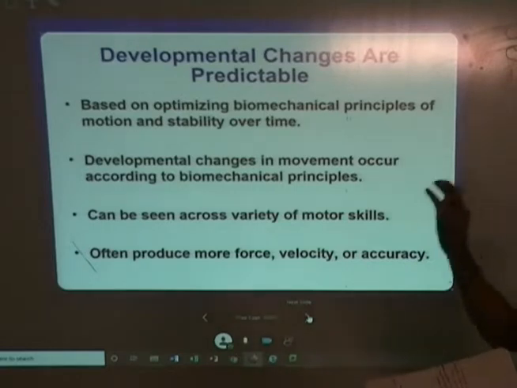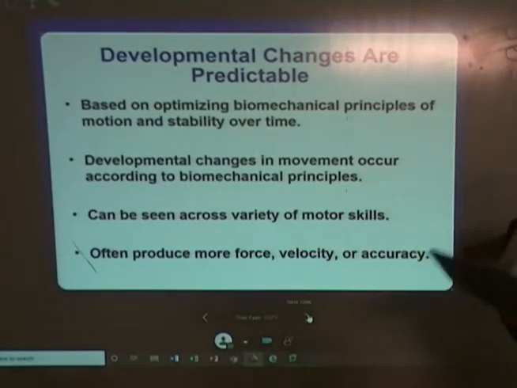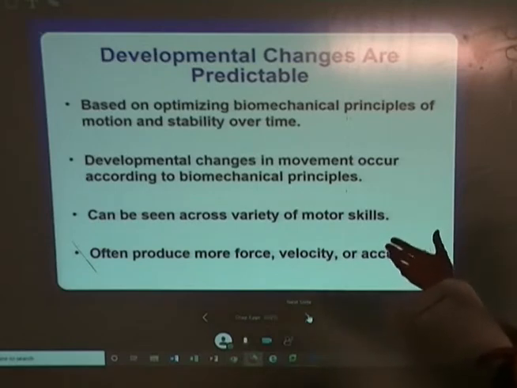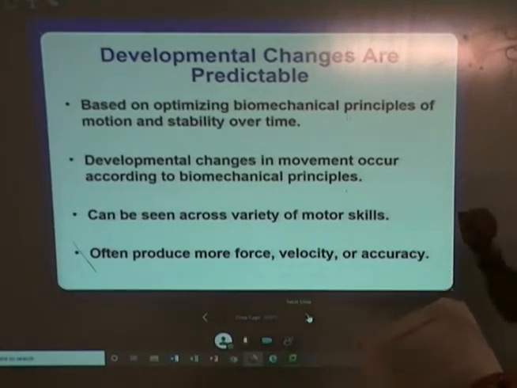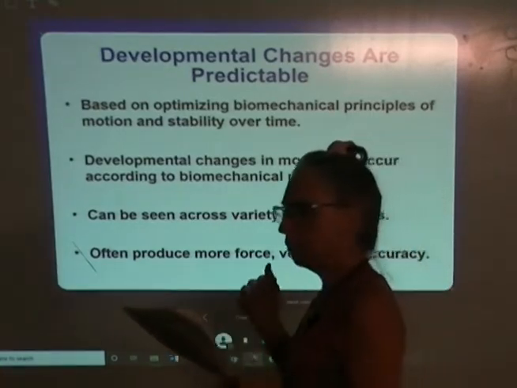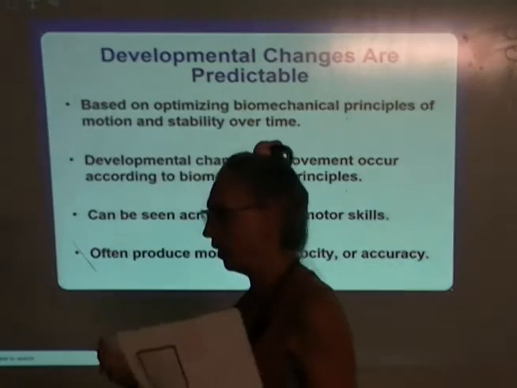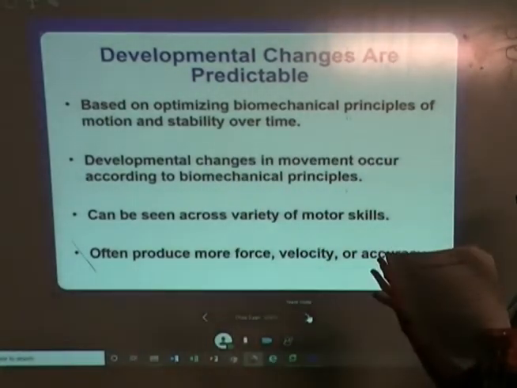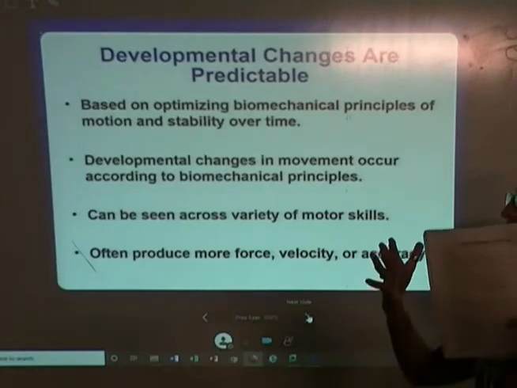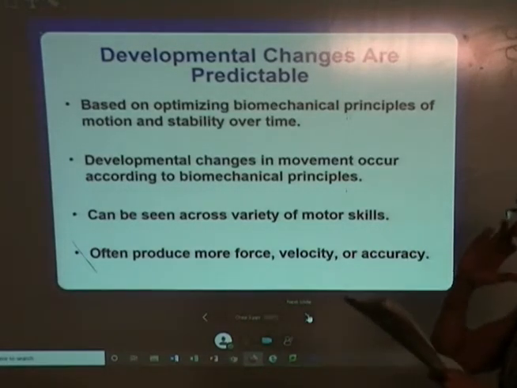So the changes that we see are not consciously occurring, but they're based on optimizing these biomechanical principles like height, distance, speed, right? And creating the most efficient movement pattern over time, right?